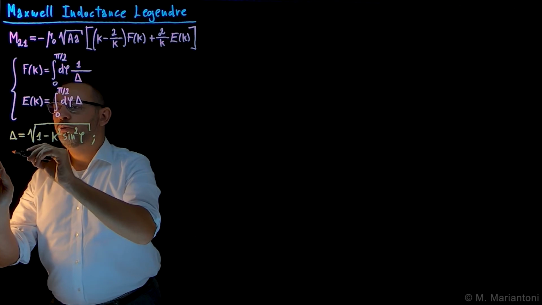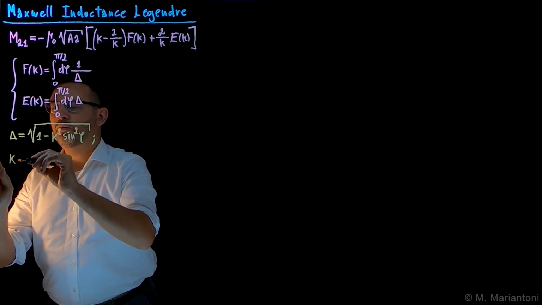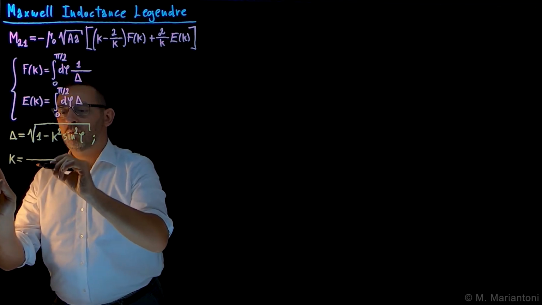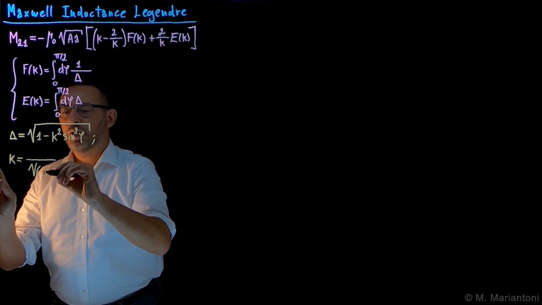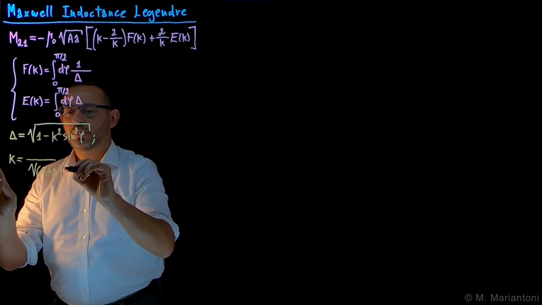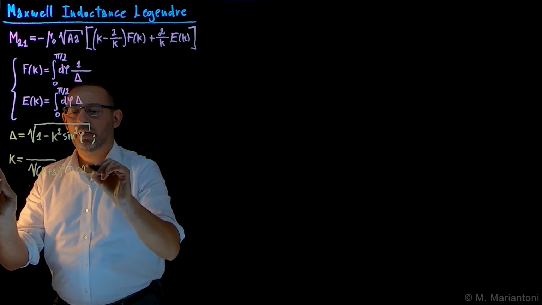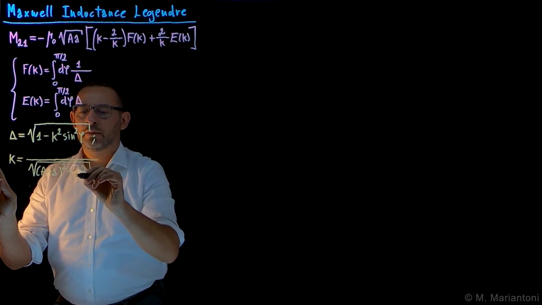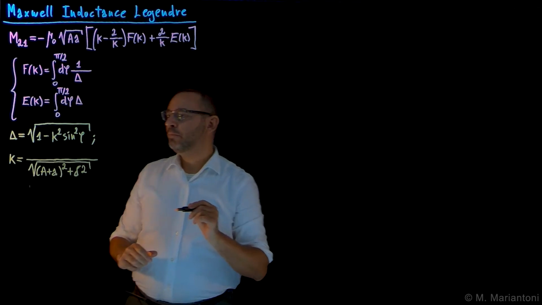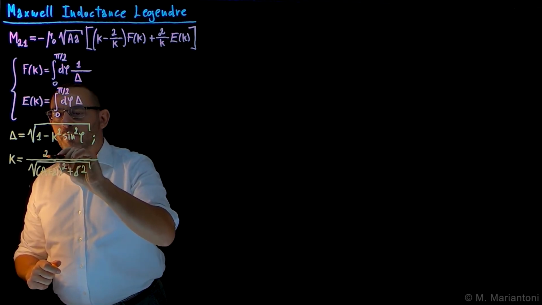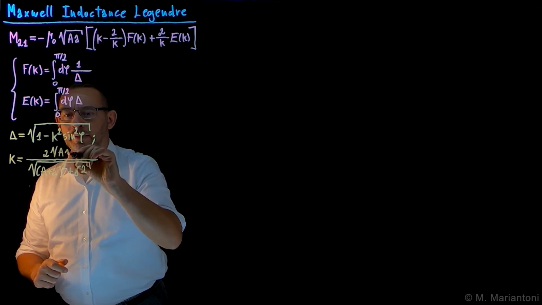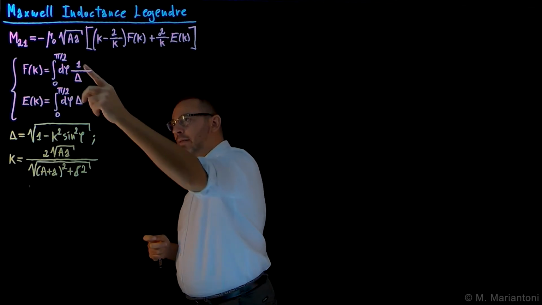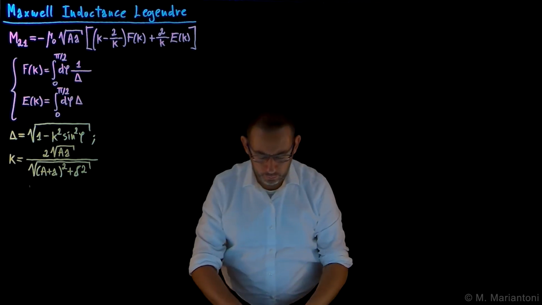K, I remind you from the previous video, is the modulus of the elliptic integrals, and is given in this case, in the denominator, by the square root of the quantity capital A plus small a, squared, plus delta squared. Now remember that delta is the distance between the two planes that contain the two loops for the mutual inductance, and in the numerator we have 2 times the square root of capital A times small a. This is the modulus of the elliptic integrals, first and second type elliptic integrals respectively, F and E.